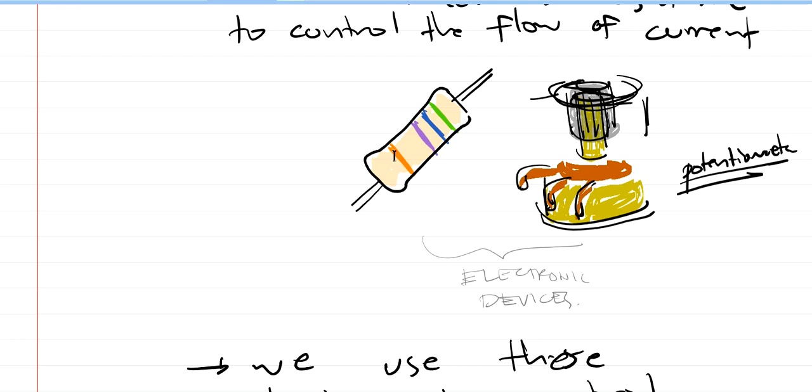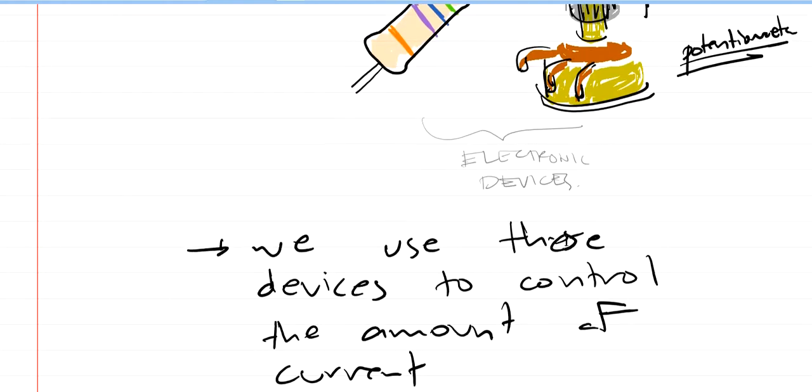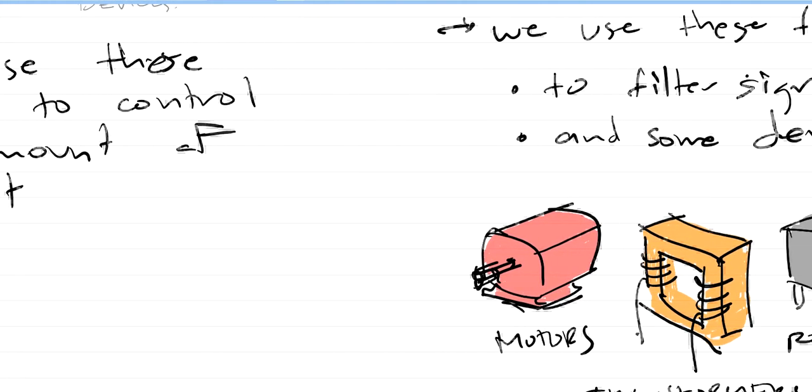So we want to control that so that we will not burn our load, let's say our LED lights, or some circuits. Right, so we just want to control the amount of current, so we put resistors, these electronic devices, in those circuits.